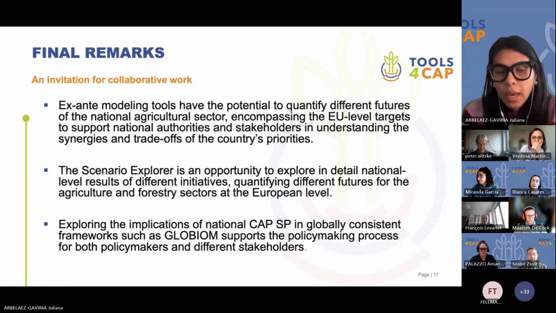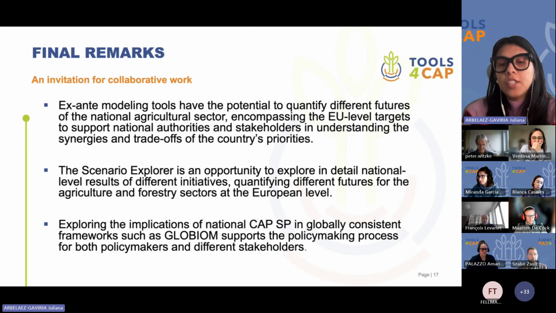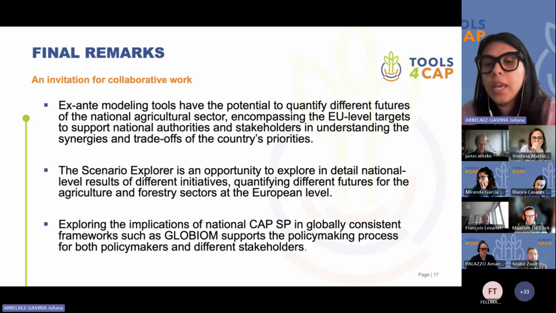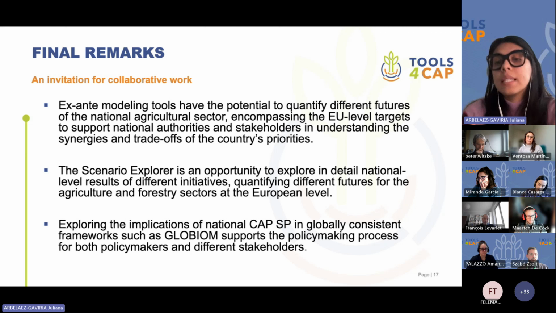And a final message that I would like to bring here is that exploring the implications of policies such as the CAP in a globally consistent framework brings additional value not only to, let's say, key players in the European agricultural sector, like France or Spain, but also to small member states like the Czech Republic, as I just showcased here.